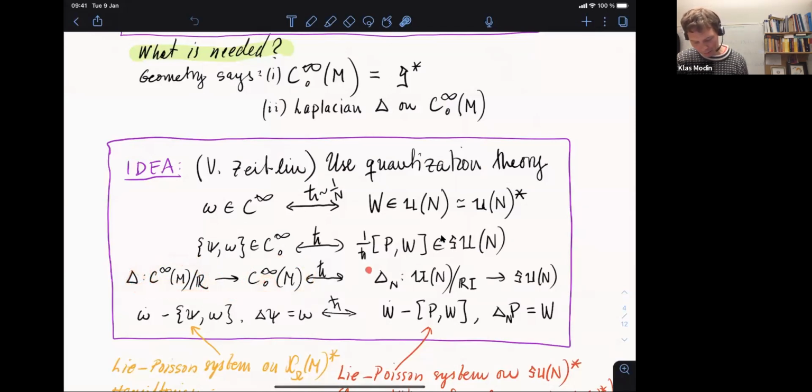So I need a discrete or quantized Laplacian. How this is constructed, and in fact how this entire quantization scheme is constructed, goes back to Jens Hoppe, who did it in his thesis in the 80s. He also did some work with Yau on this Laplacian, so I call it the Hoppe-Yau Laplacian.